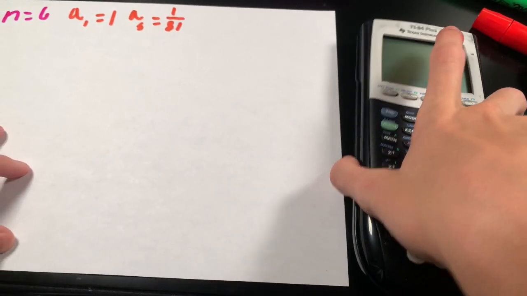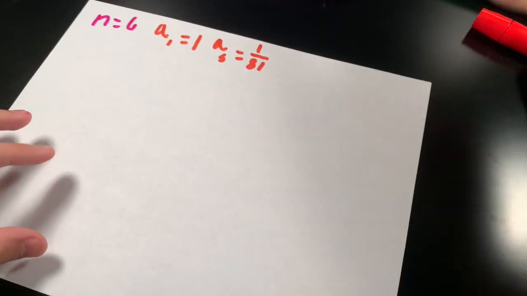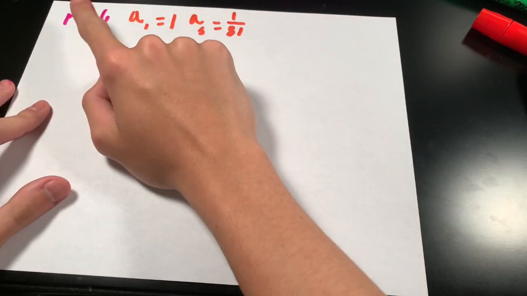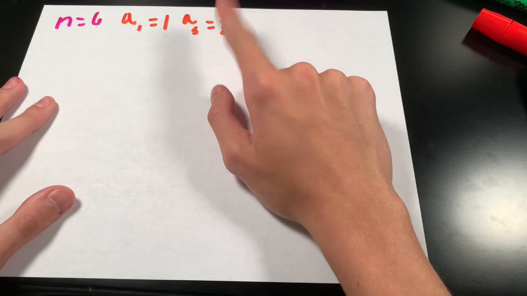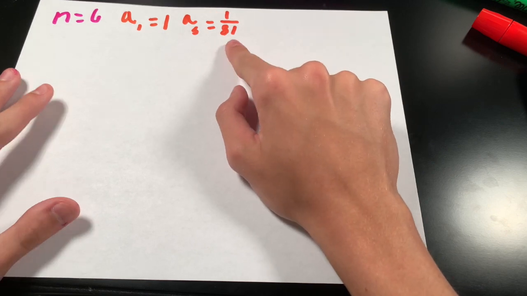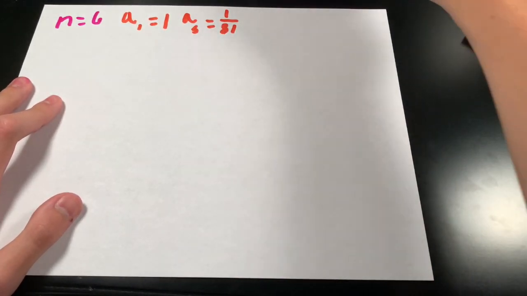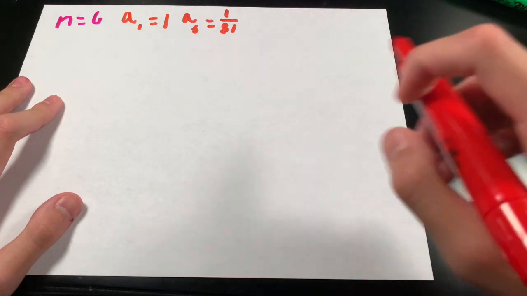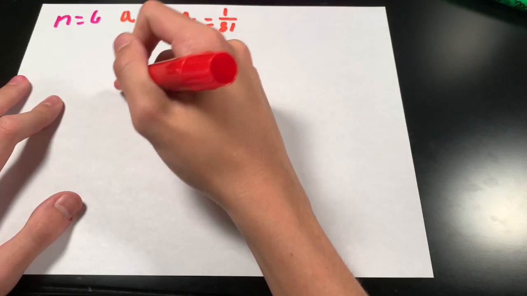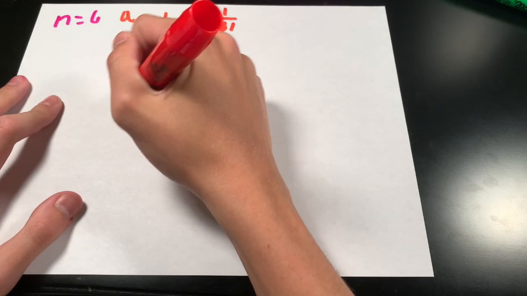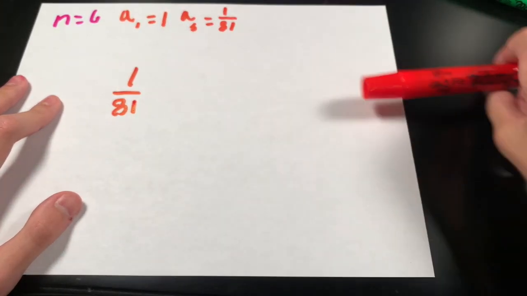Number 2 is a little bit different because we have our n and we have our A1, but we do not have our R. Instead, we have an A5. This is where the geometric sequence formula comes in handy. We have 1 over 81, and we know that's the 5th term.